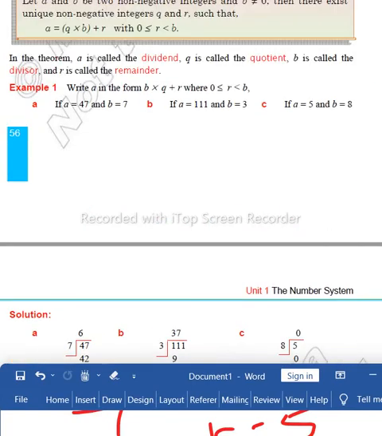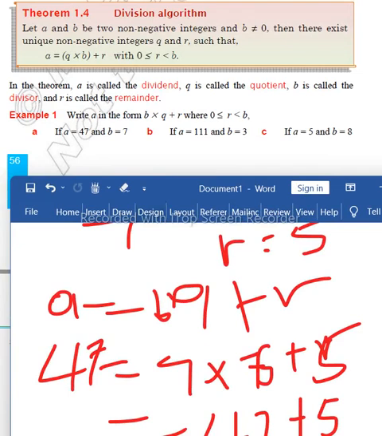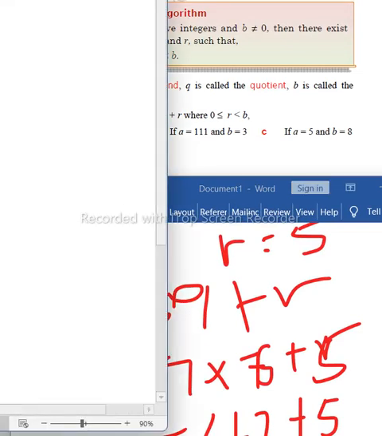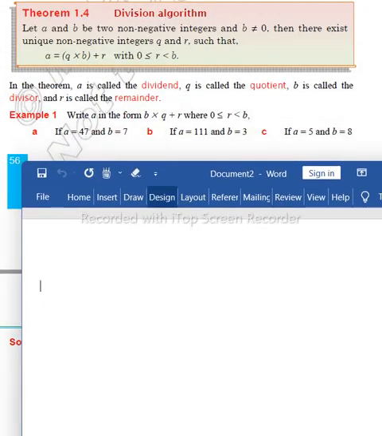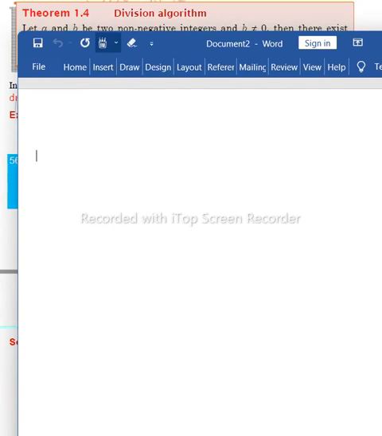We have another question. Let us see the next example. A is 111 and B is 3. Let us divide this by 3 first. We have 111 divided by 3.